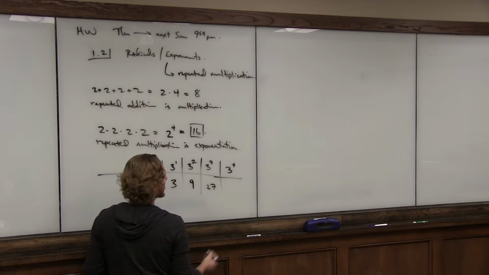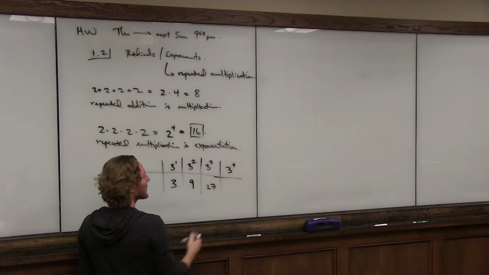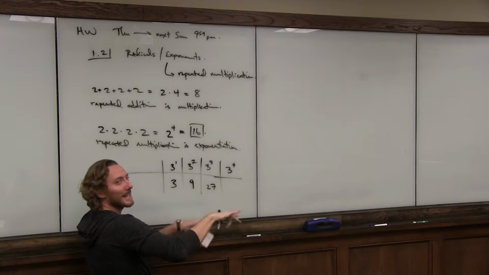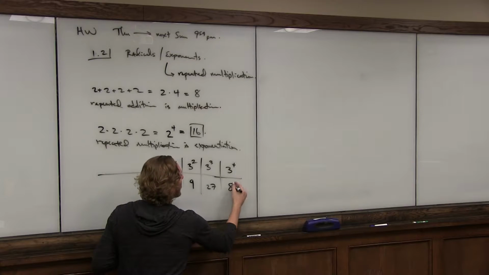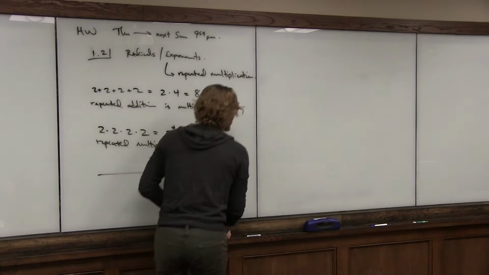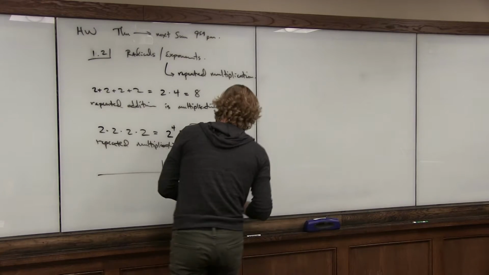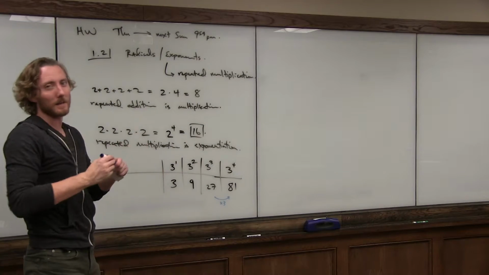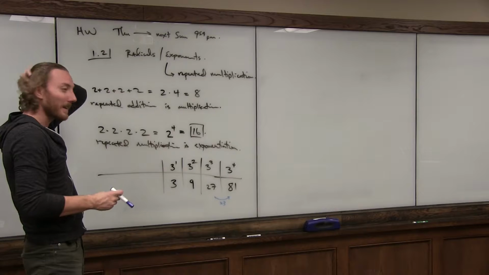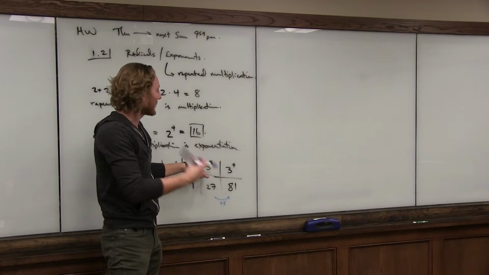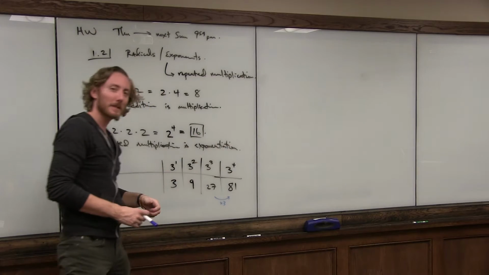3 times itself 4 times. Well, 3 times 3 times 3 times 3 is technically 9 times 9, which is 81. Another way to think about this is that 3 times itself 4 times is just 3 times itself 3 times, times another 3. It's a mouthful to say, but it's true, right?